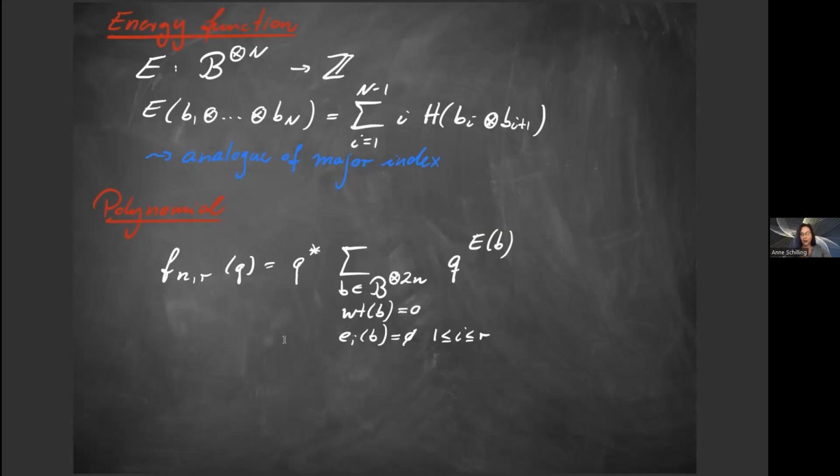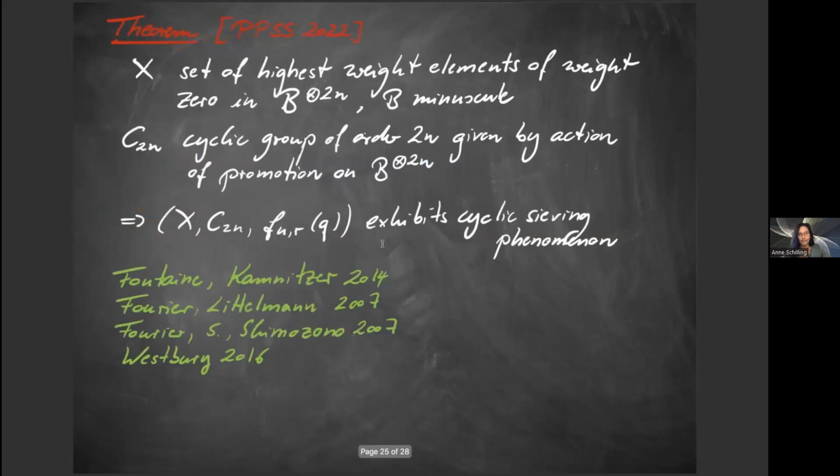And then my polynomial is basically the sum of Q to the energy function. And then what we proved in our paper is that if you take X to be this set of crystal elements that label the invariant subspace, you take the promotion action as your cyclic action, and then you take this energy function polynomial, this actually exhibits a cyclic sieving phenomenon.